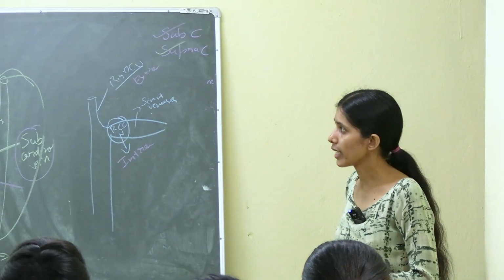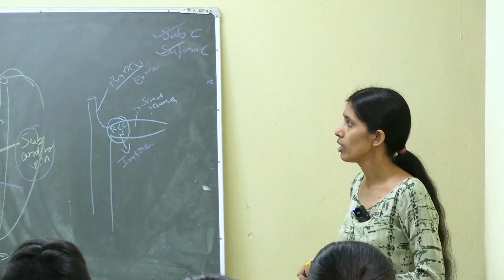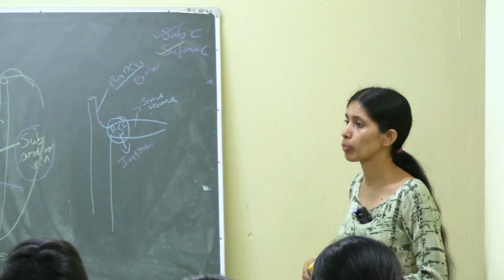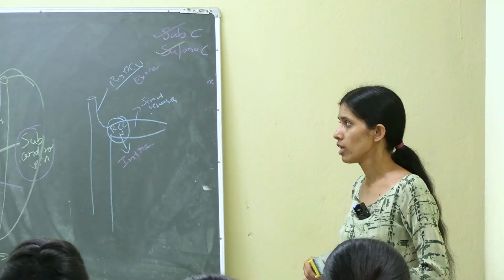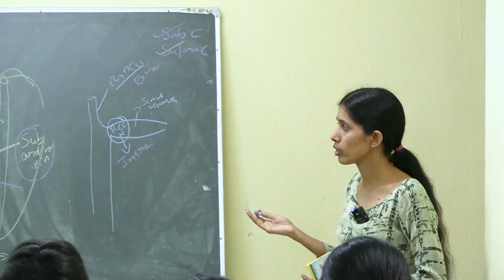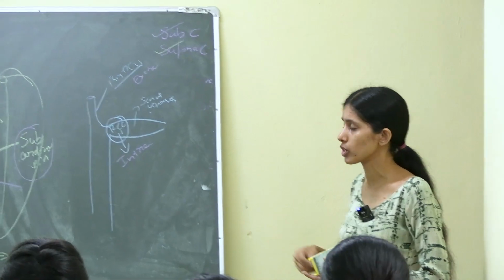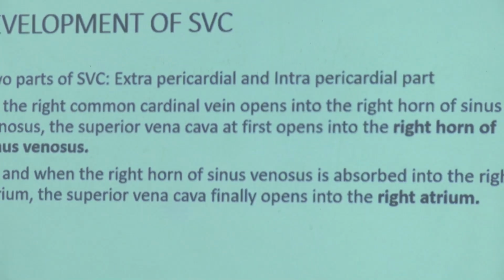So, as the right common cardinal vein opens into the right horn of sinus venosus, the superior vena cava at first opens into the right horn of the sinus venosus, and when the right horn of sinus venosus is absorbed into the right atrium, the superior vena cava finally opens into your right atrium.